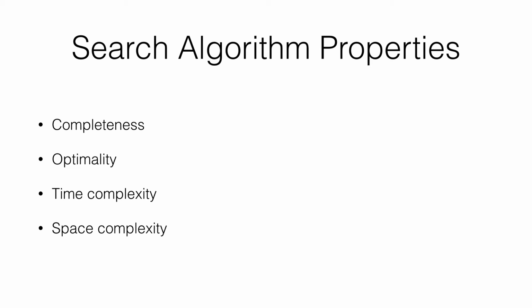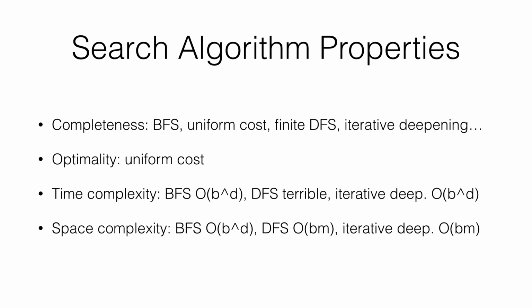Okay, so returning to our review, we also made a very important distinction between different search algorithms in these four properties of search algorithms: completeness, optimality, time complexity, and space complexity. We covered a bunch of examples of the search algorithms that we've studied so far.